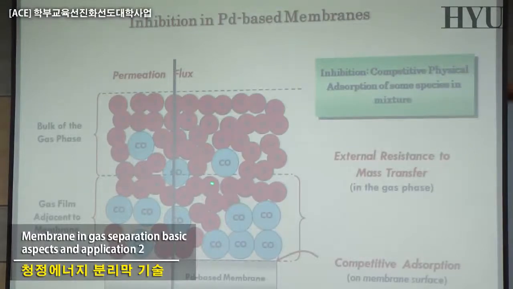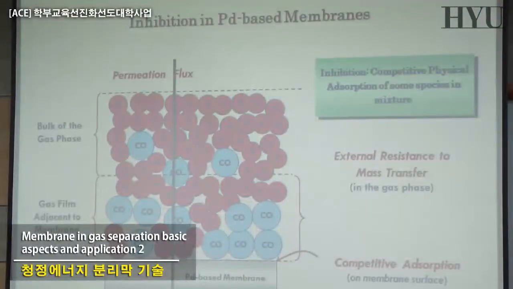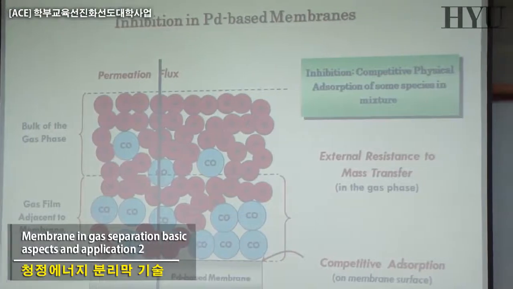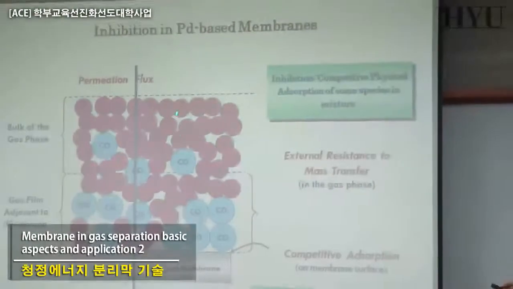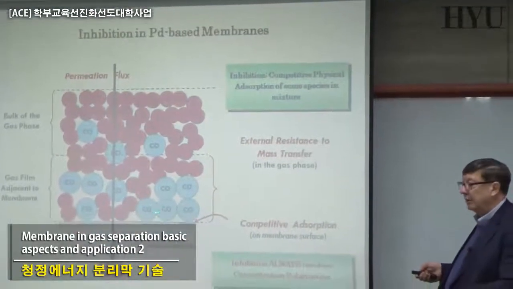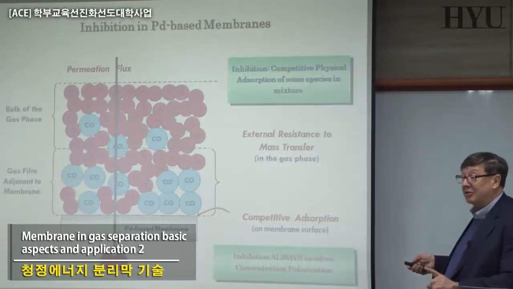So if you have CO, even in very small amounts, around 10 ppm is already dangerous, you have to remove as much as possible, otherwise you destroy the catalyst, and the catalysts are the most expensive part of the system, basically. So people are using palladium membranes just because hydrogen goes through and the CO does not go through. But the CO is not inert.